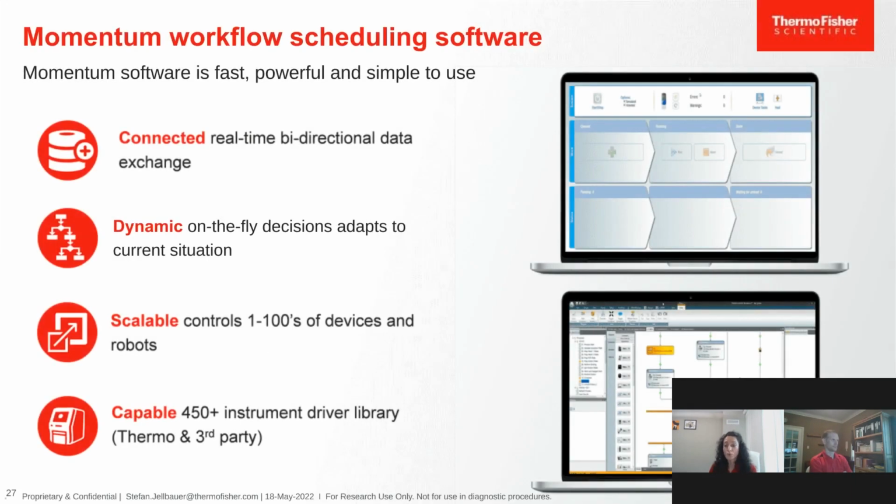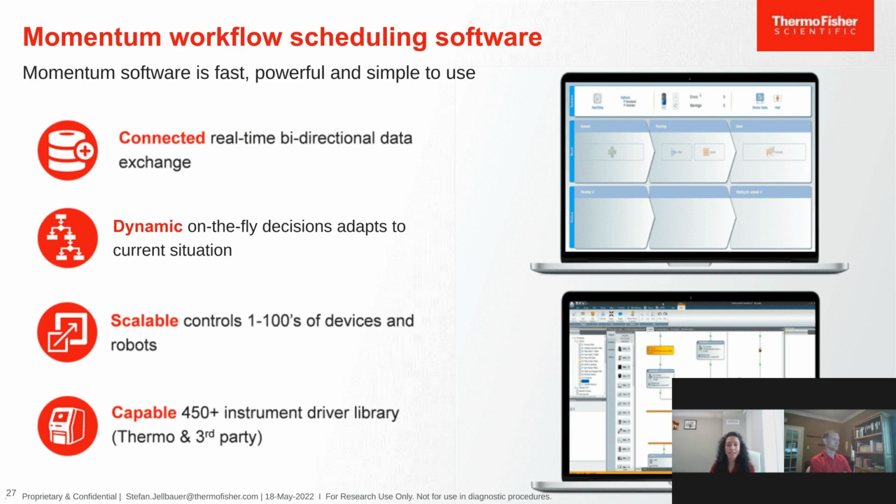So at the core of this automation is our Momentum scheduling software. It is a highly intuitive software for automating your scientific workflows in high fidelity using drag and drop functionality, requiring absolutely no coding knowledge. It is a data-driven bidirectional scheduler, which means it actively communicates with each device and logically takes the next step based on the inputs it receives.